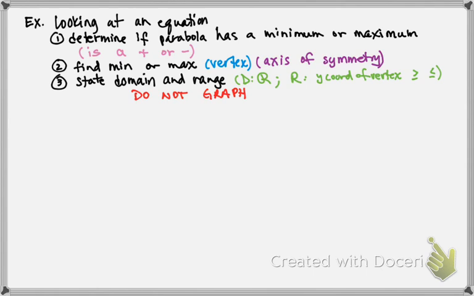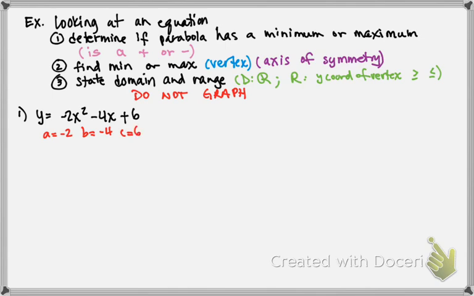So, first equation, y is equal to negative 2x squared minus 4x plus 6. So, we're going to identify our three key players. A is negative 2, B is negative 4, C is 6. And I know we haven't used C, but that's okay, that'll come later.